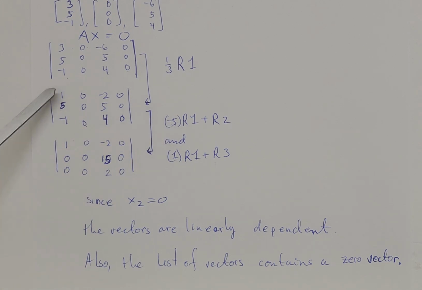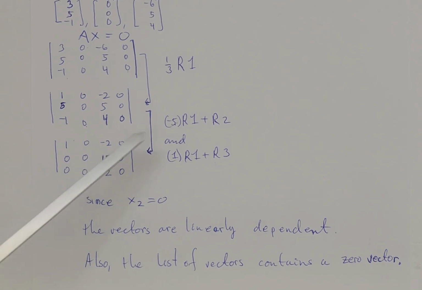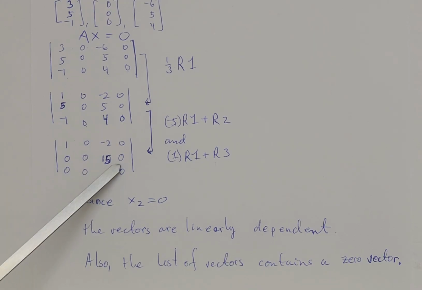So -5 times 1 is -5, plus 5 gives me 0. -5 times 0 is 0, 0 plus 0 gives me this 0. -5 times -2 gives me +10, and 10 plus 5 gives me this 15. -5 times 0 is 0, and 0 plus 0 is this 0.